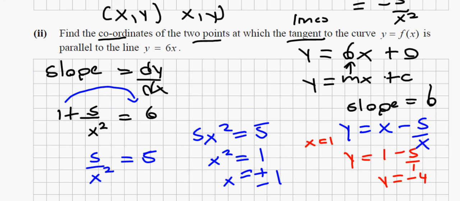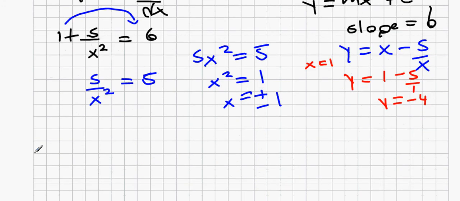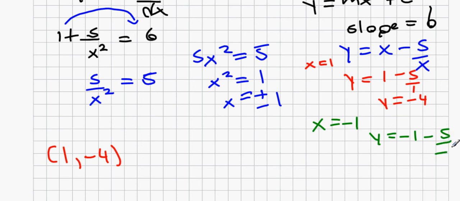So, one point is (1, minus 4). When x equals minus 1, y is equal to minus 1 minus 5 divided by minus 1. Minus 5 divided by minus 1 is plus 5, so y will be equal to 4. So there's 2 points, (1, minus 4) and (minus 1, plus 4).